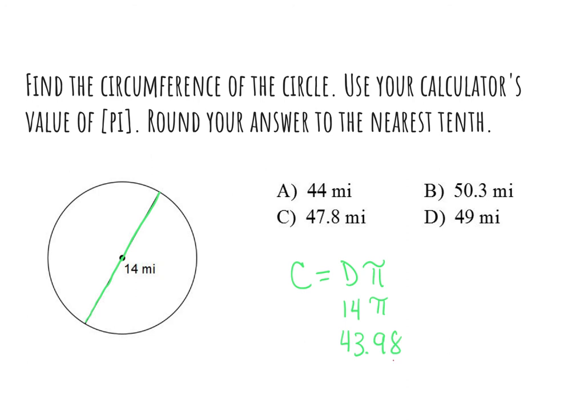And because I have an 8, I need to round up. And because this is 9, I can't go any more up than that. So I round the 3 up to a 4. So 44.0 miles, or just 44. So the answer is A.